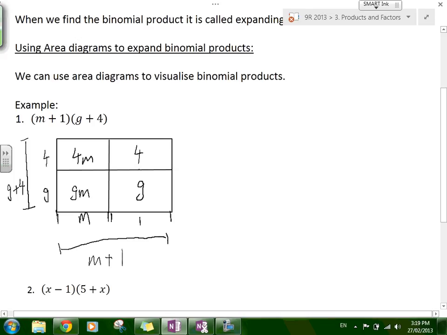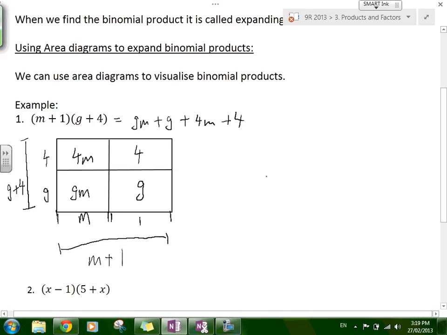So what we end up with is that M plus 1 bracket times G plus 4 is equal to, if I just go around, GM plus G plus 4M plus 4. Can I simplify this any more? No. In this case, that's it.